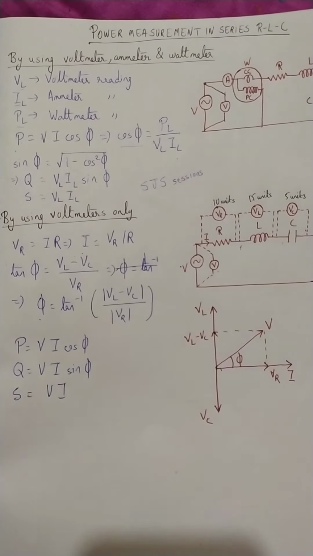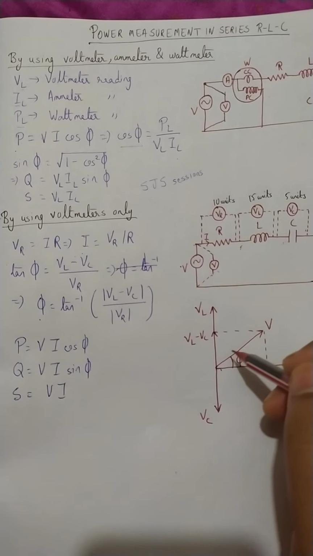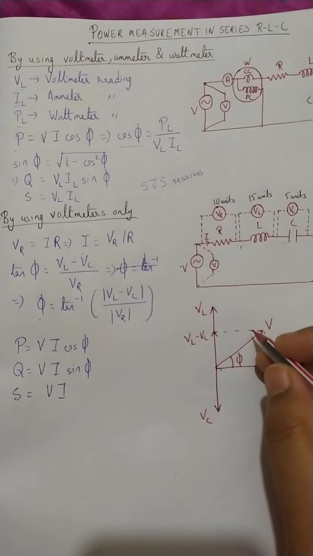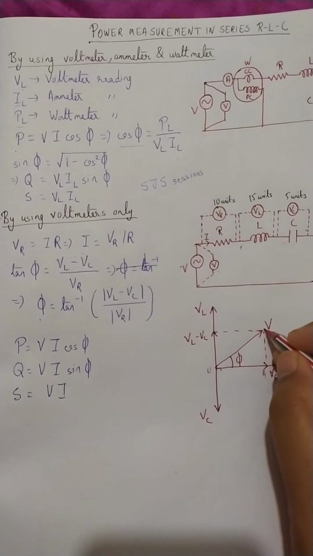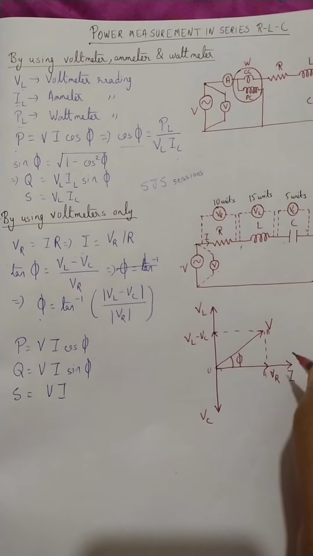So how to draw the phasor diagram then? We have to find out this angle in particular. Let us suppose this is O, this is A, this is B. This angle is to be found.